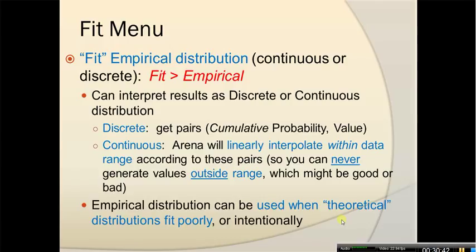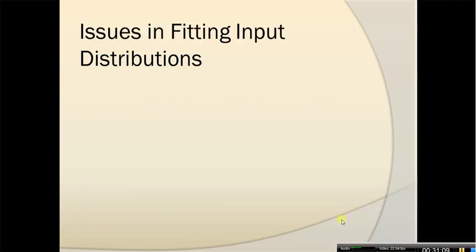When we actually know, like in our example, we knew that it's a poor fit, but we also knew that we wanted discrete points. So in both cases it was true, we wanted to use empirical distribution to create the expression for the discrete distribution, but we also knew that theoretical distributions fit poorly, and that's what I showed you in the first demonstration.